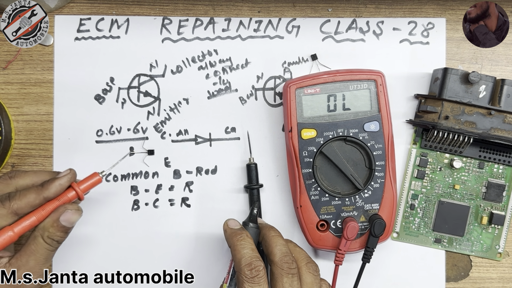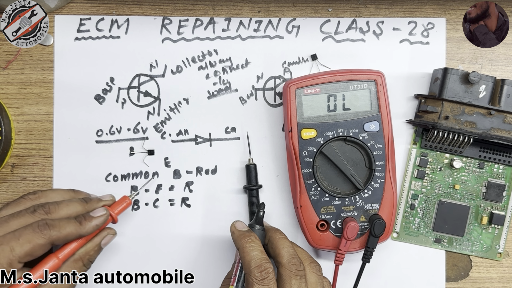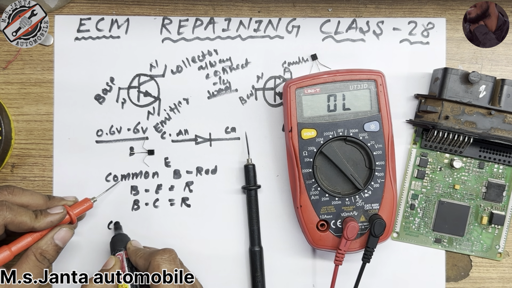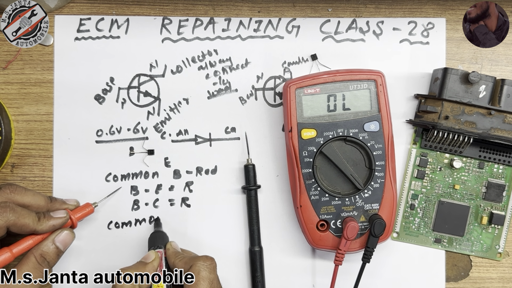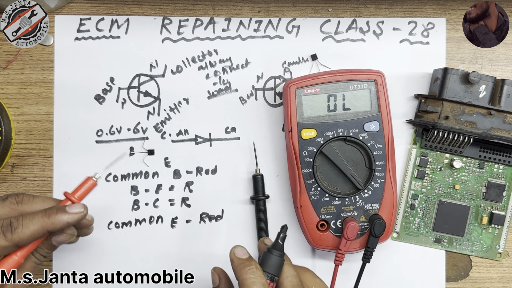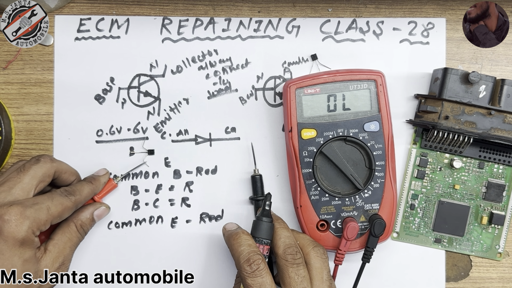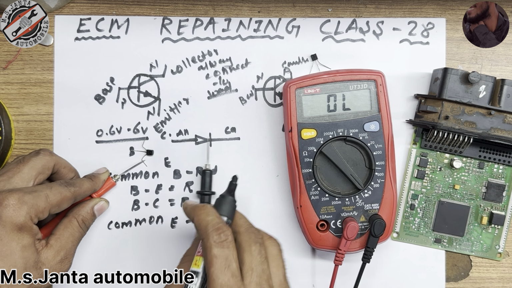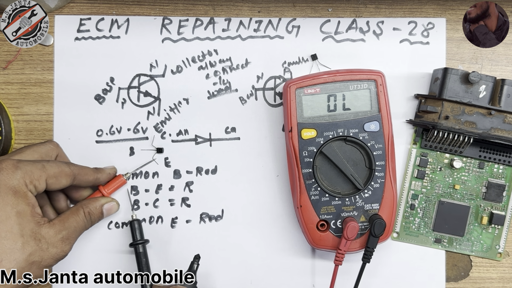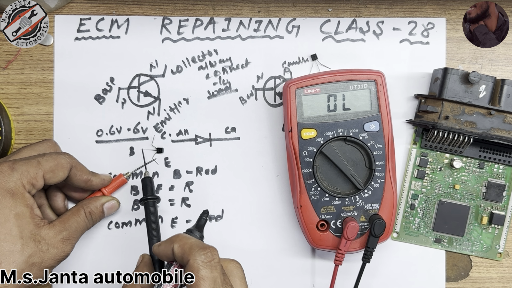Now I will take common emitter red. We take the common emitter red terminal of the multimeter. Now I will put the emitter common here. I have taken the red terminal common emitter, and we will check on base.